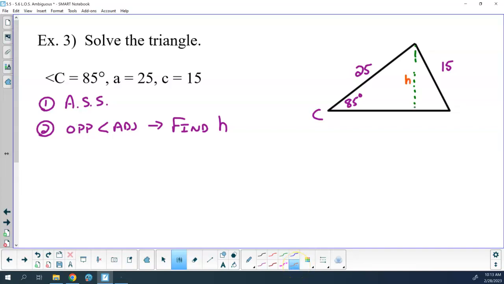So that's the height. If I'm looking just at that triangle, what do I know about it? It's a right triangle, which means I have SOHCAHTOA available to me.